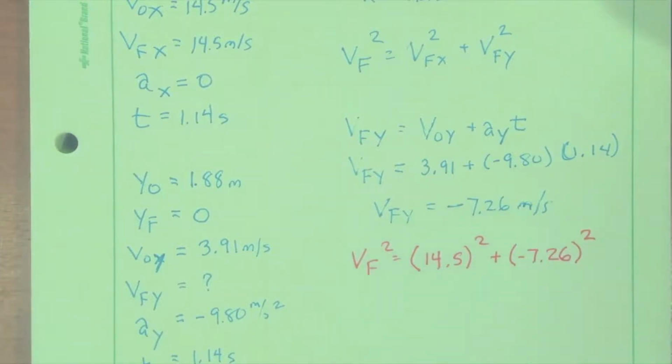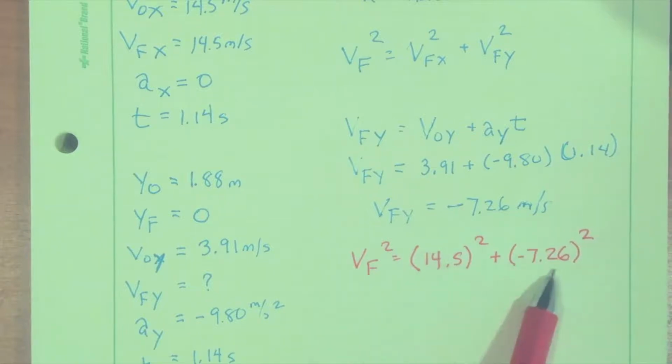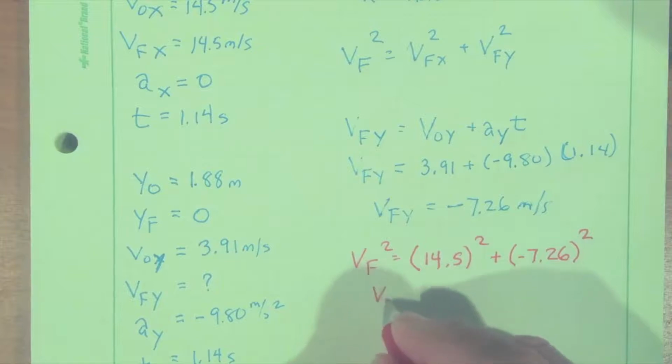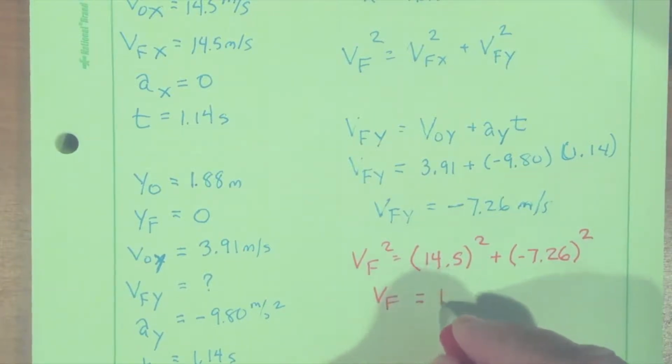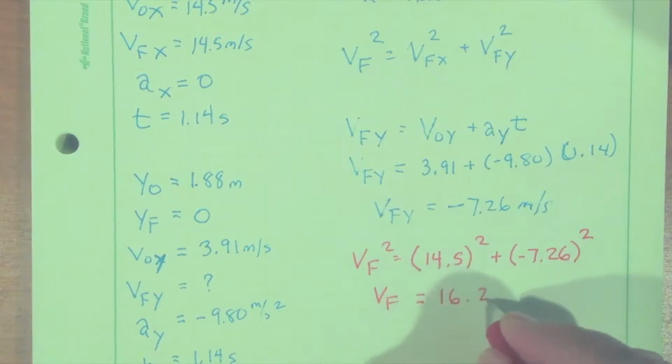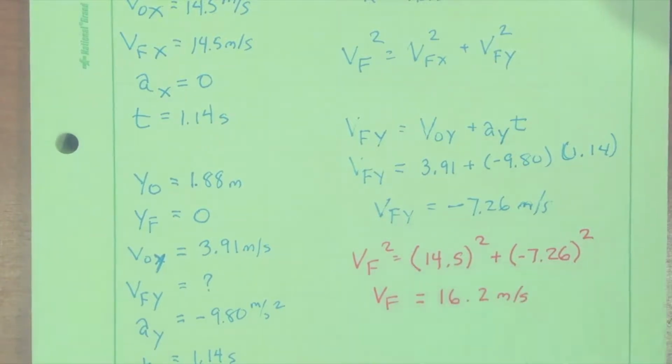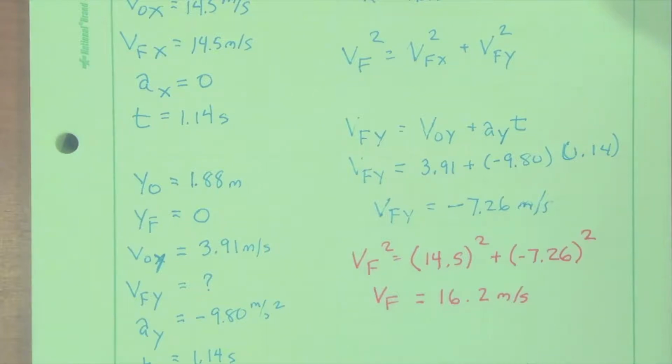So we square this, add them together, take the square root, and this gives us a final total velocity of 16.2 meters per second. And so we have found how fast she is going just before she hits the ground.